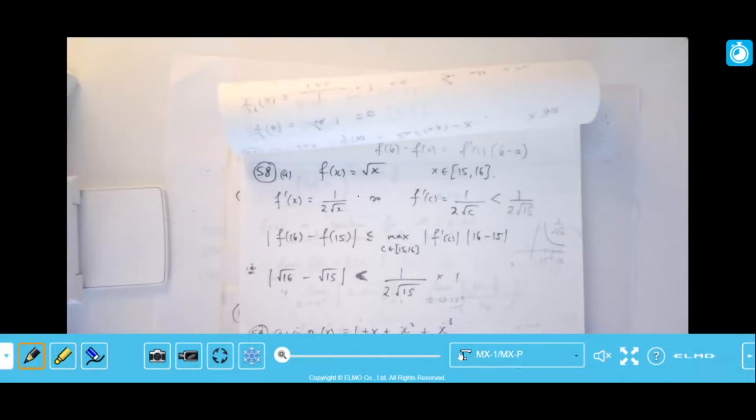Just having a look through my notes. Okay, this will do. I'll just put this up because this is something that I've put out earlier. I can zoom in as well.